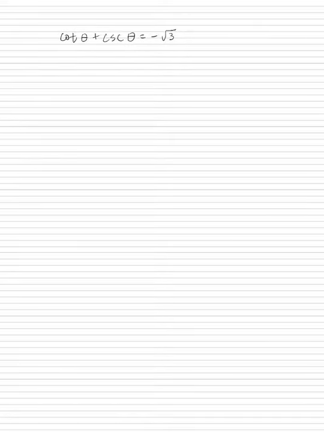Alright, so checking time. Let's check when theta equals pi over 3. Let's compute cotangent of pi over 3 plus cosecant of pi over 3. Is that going to equal negative square root of 3? This is what you need to be asking. All right, so let me just compute this left-hand side.